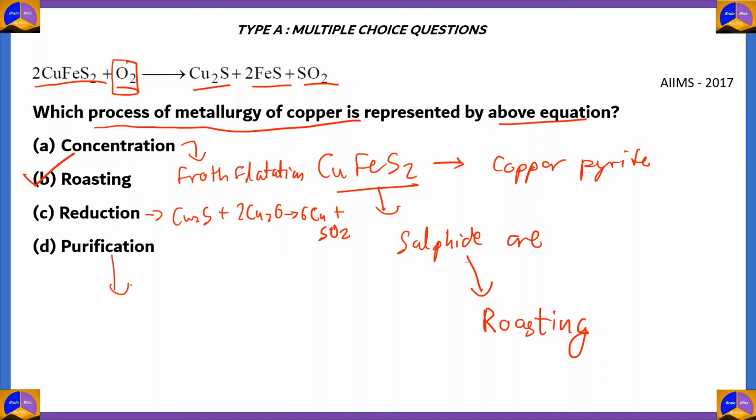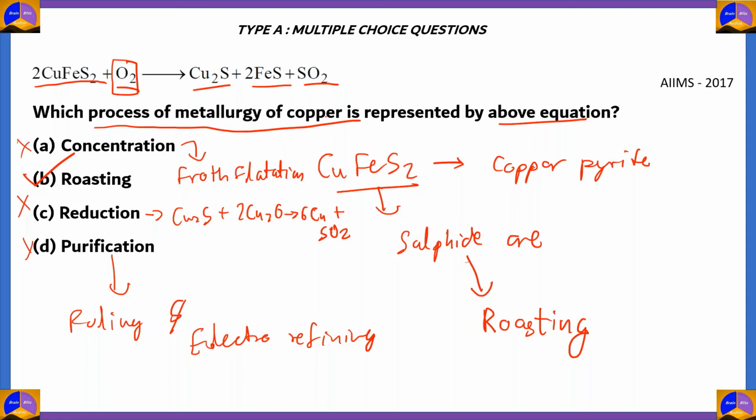And for the purification of copper, we use processes such as poling and electro refining. Poling is the refining of copper using hydrocarbons such as methane. So the right answer with respect to the above reaction is roasting.